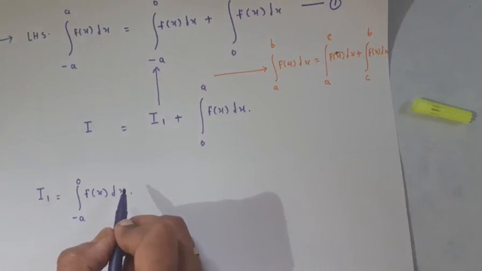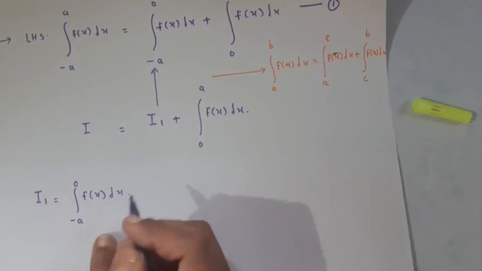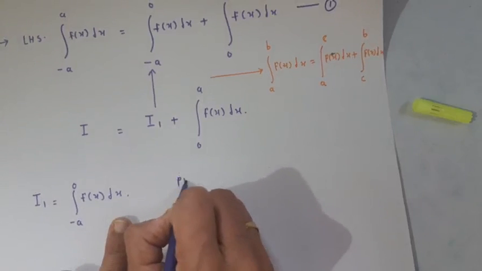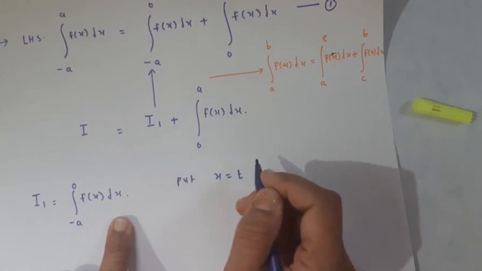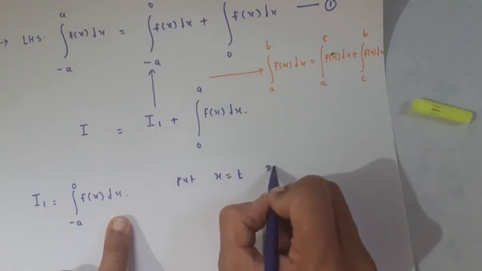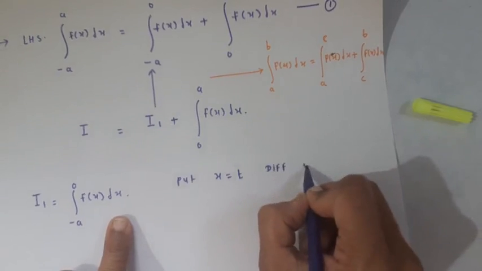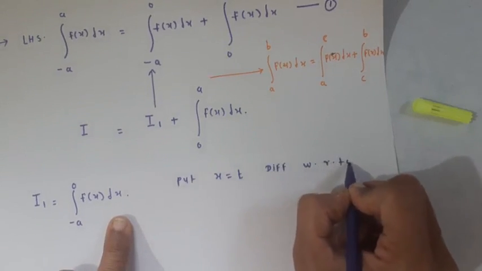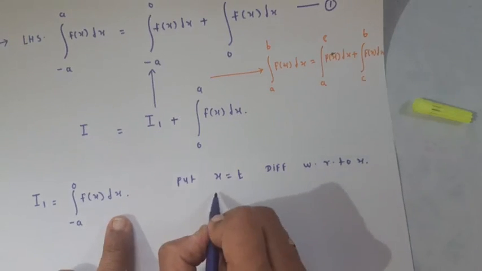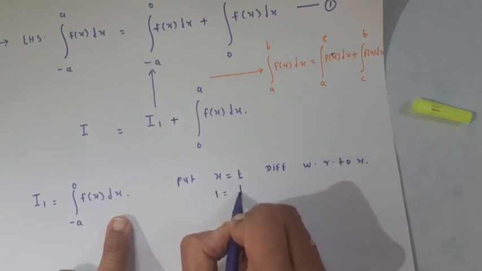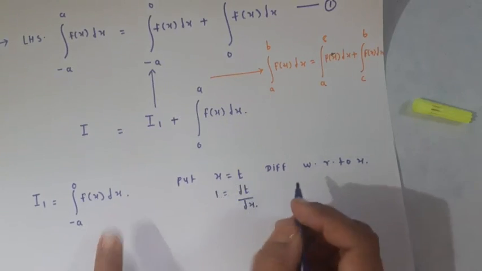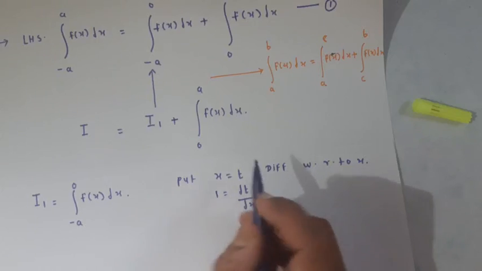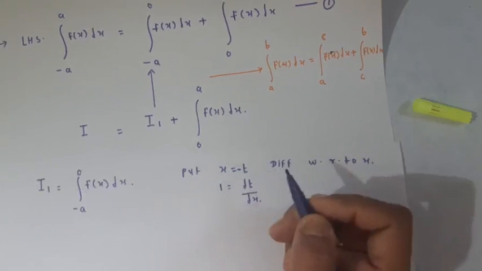So put x equal to t, and differentiate with respect to x. We get 1 equals dt by dx. Now put x equal to minus t.